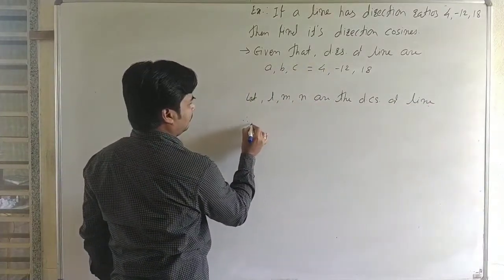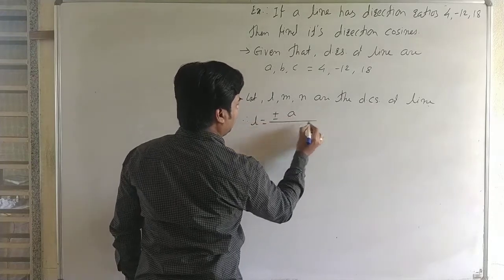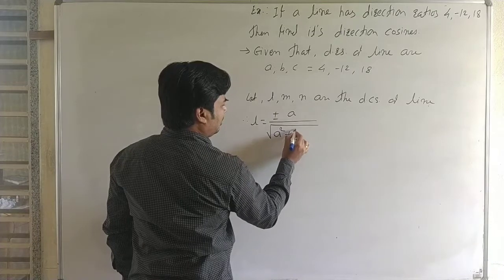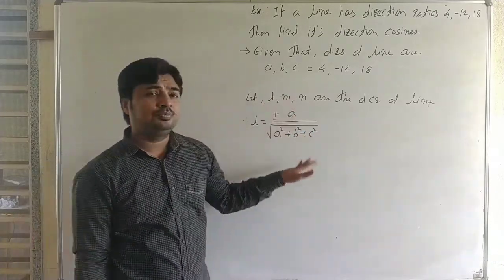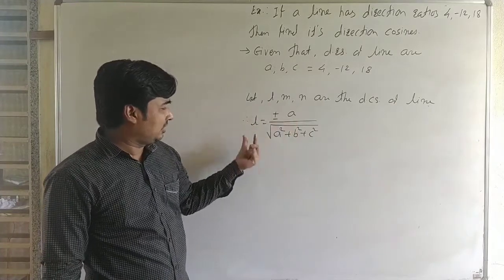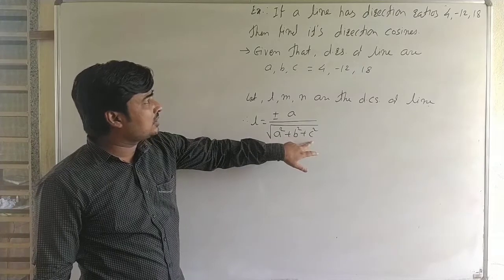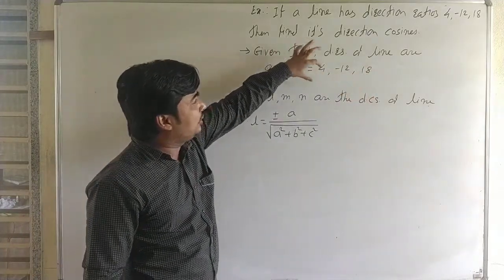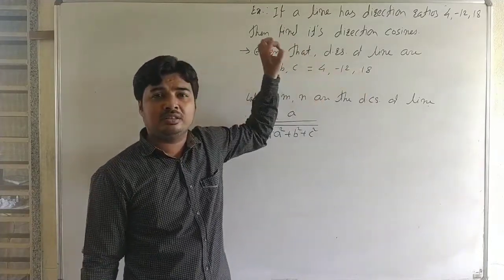Therefore, L is equal to plus or minus A upon under root A square plus B square plus C square, and likewise M and N. Now see carefully, 4, minus 12 and 18 are the direction ratios A, B, C.